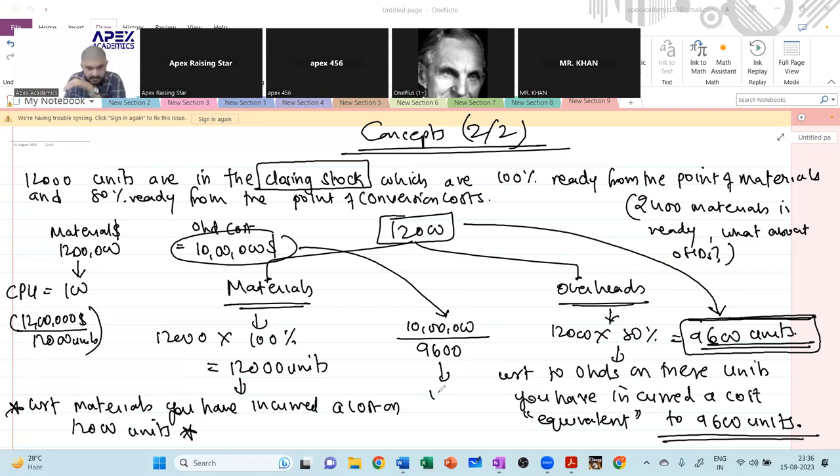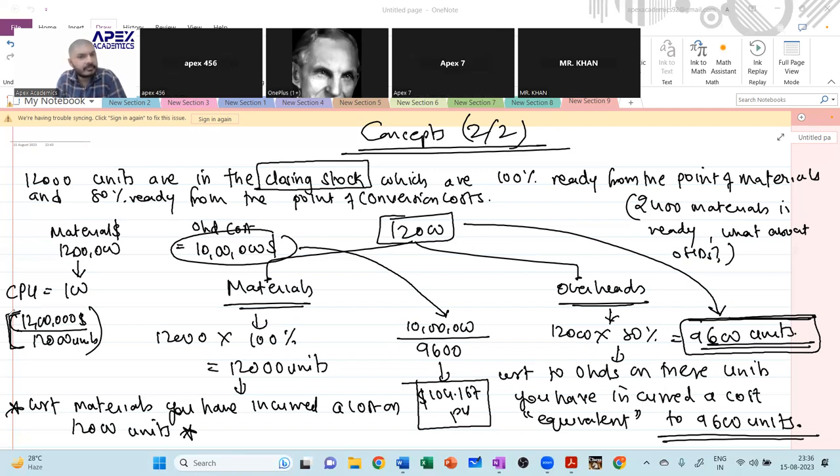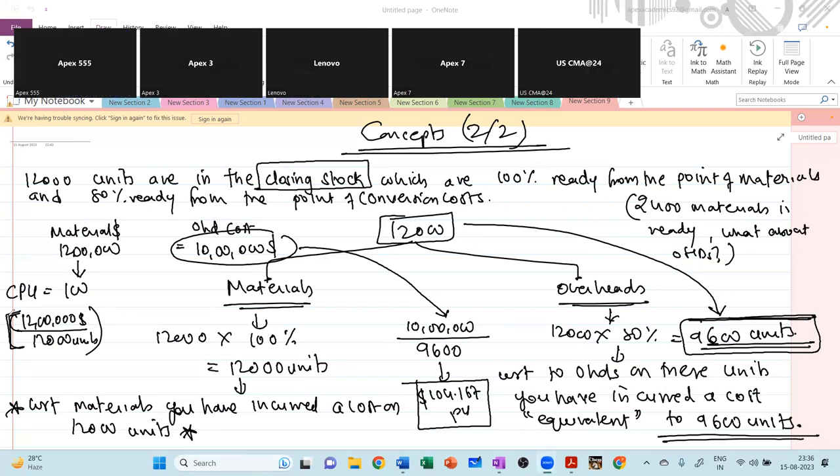Therefore, it is 104.167 per unit. Are you understanding what I'm trying to say? Yes or no? This is a very crucial aspect over here. Do you understand this? Yes, sir. Everyone, do you understand this?